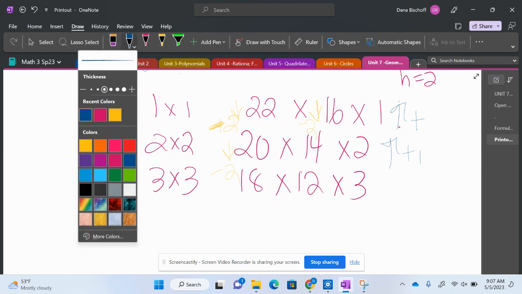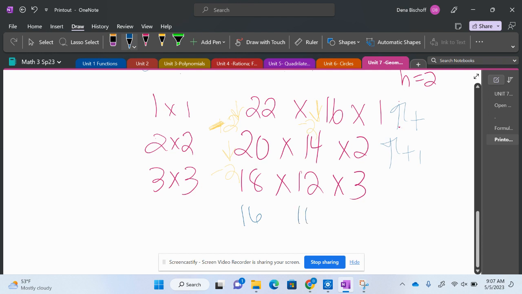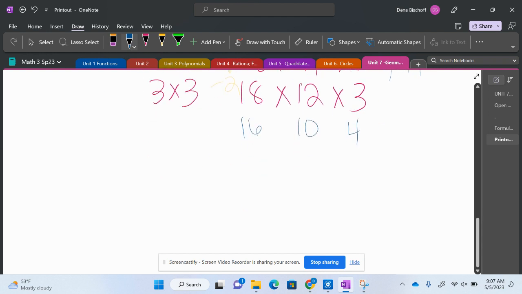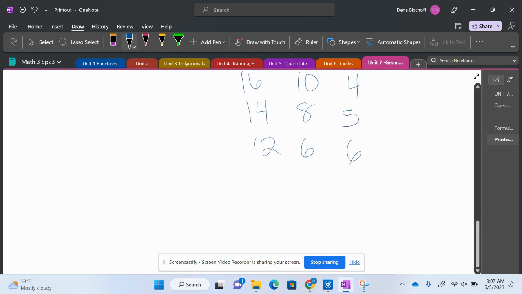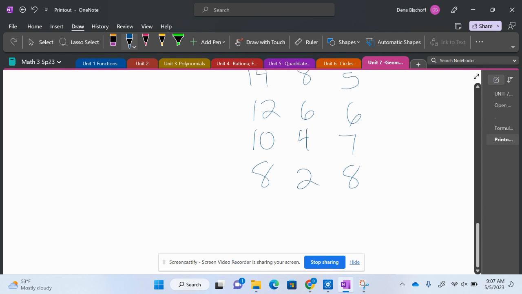Our pattern here is 16, 10, and 4, then 14, 8, and 5, then 12, 6, and 6. Keep going, let me keep subtracting: 10, 4, and 7; 8, 2, and 8. And then the last one is 6, 0, and 9.